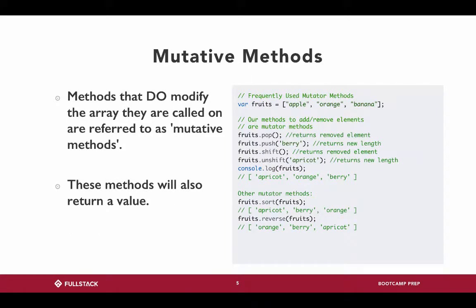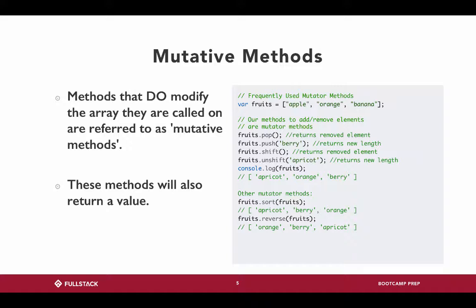Things that do modify the array are called mutative methods. I don't know how to say that word. These methods will also have a return value.